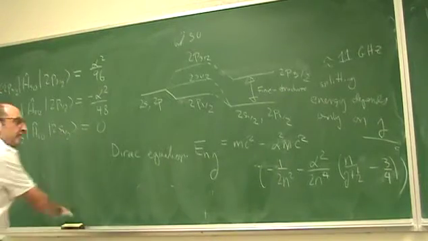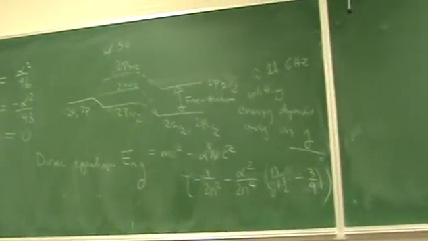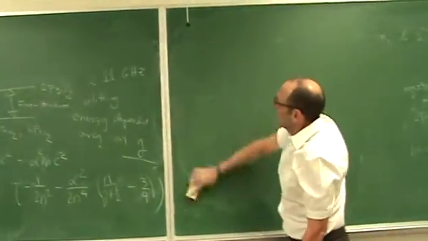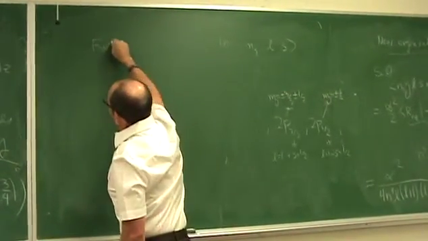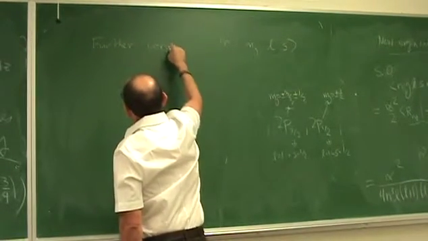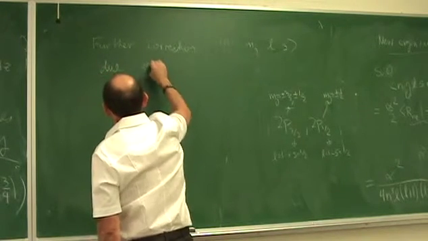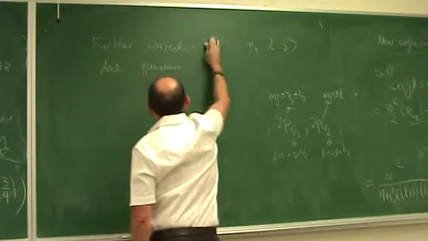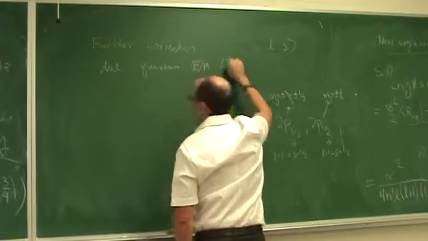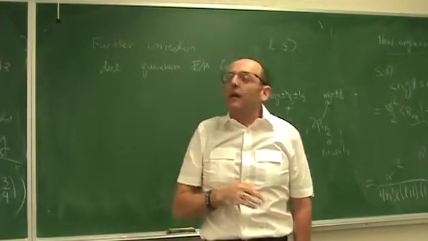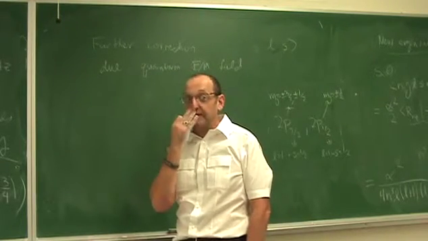Now, final point before we break. In fact, as we discussed, there is something missing from this description in terms of the relativistic corrections, due to the quantum electromagnetic field. If I include the effect of vacuum fluctuations, then I break some of this degeneracy.